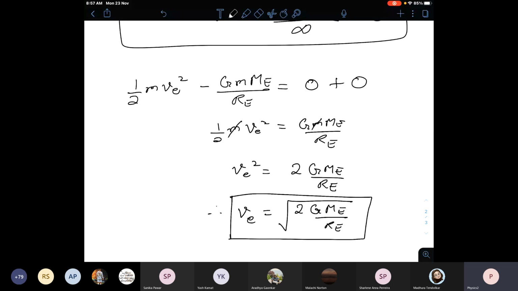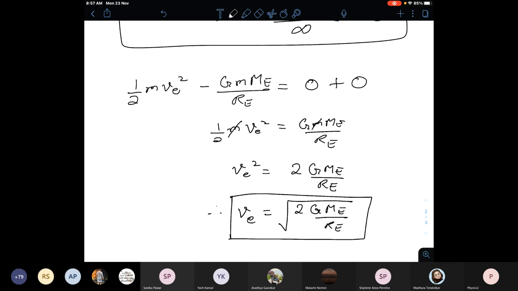For escape velocity from the surface of the Earth, the formula is under root of 2GMe, that is mass of Earth, upon Re, that is radius of Earth.